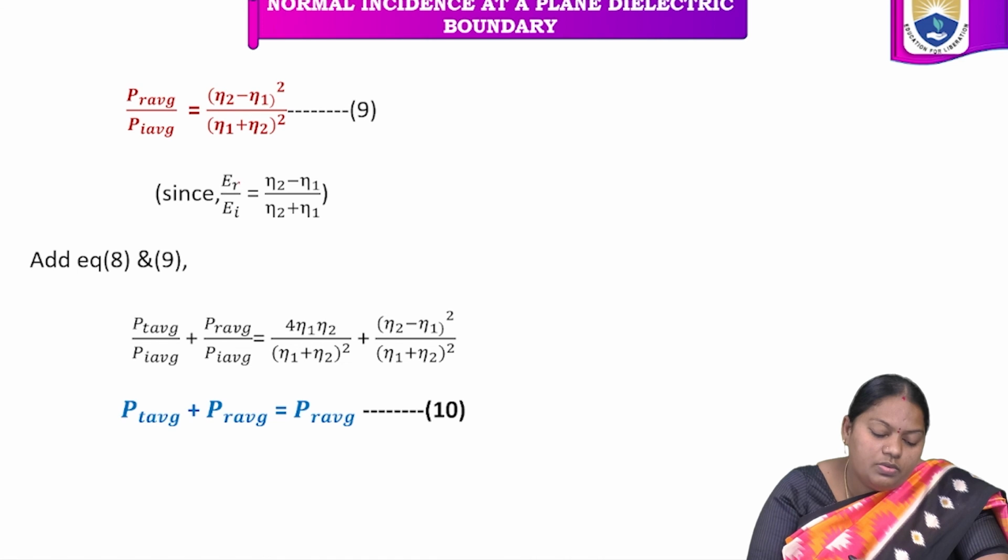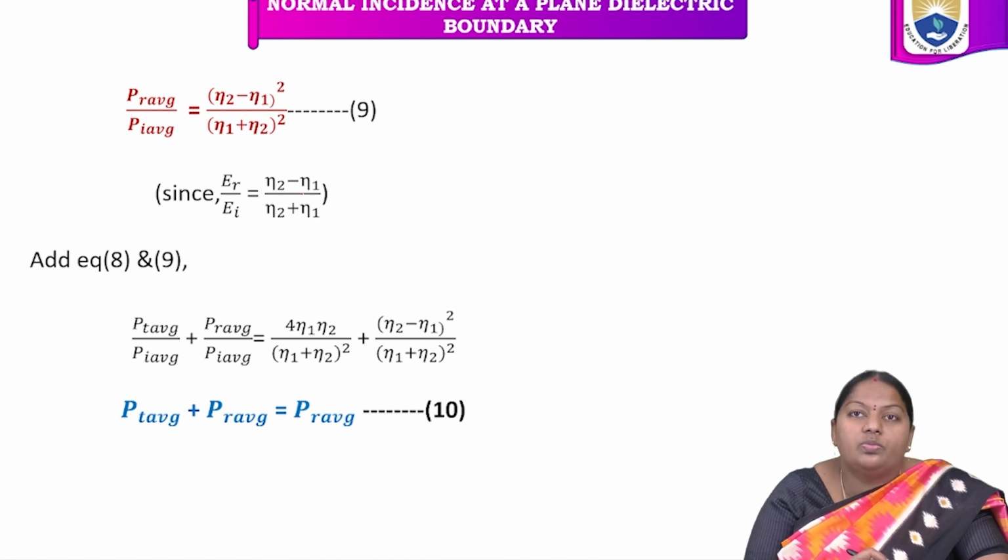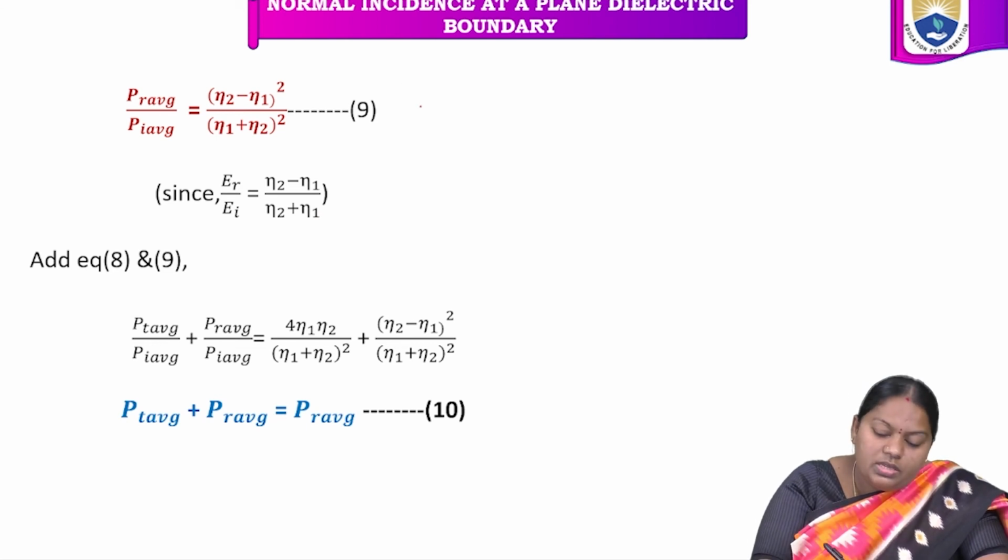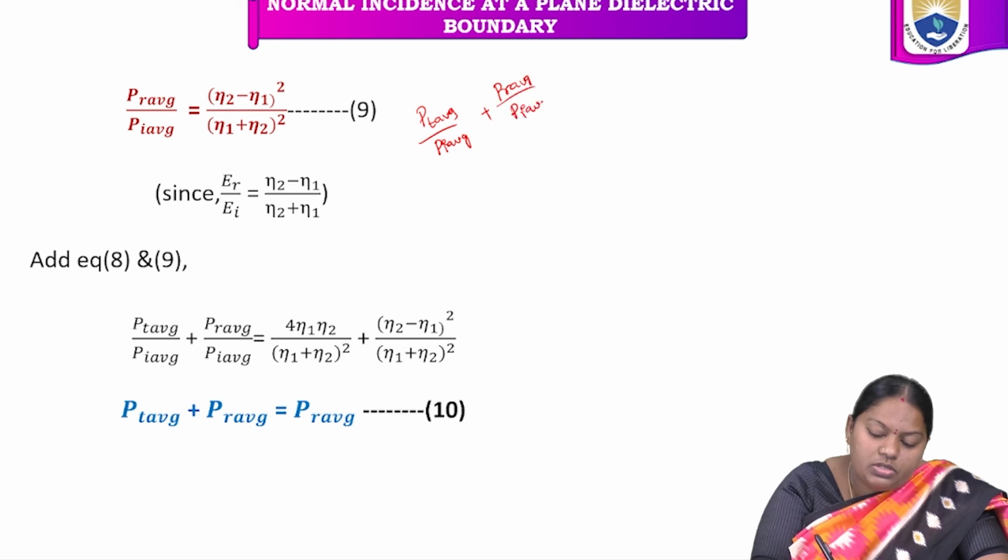Right? Since we know that ER by EI equals eta 2 minus eta 1 by eta 2 plus eta 1. Okay, so previously we have got PT average by PI average, then next is PR average by PI average.